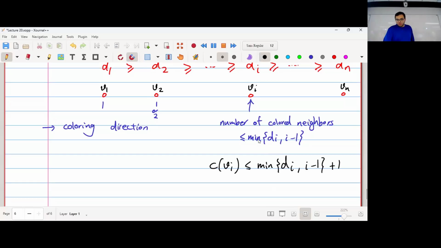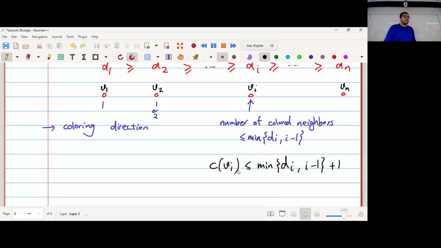Because this is the number of colors that could have possibly been used in the neighbors of this vertex v_i. And now I have to assign a color to v_i. I might be able to assign a smaller color to v_i, but whatever color I assign, it's going to be less than or equal to this bound.